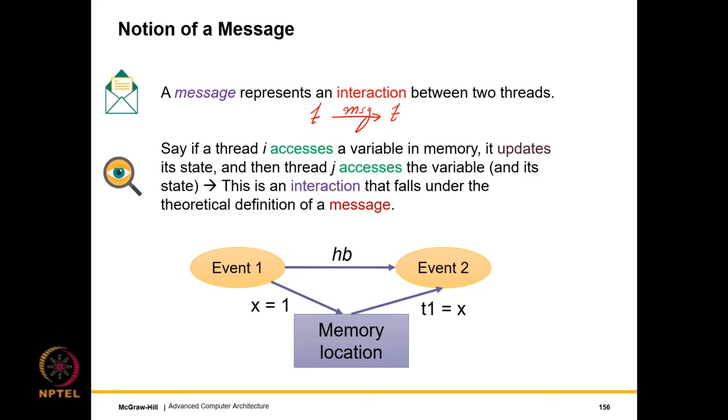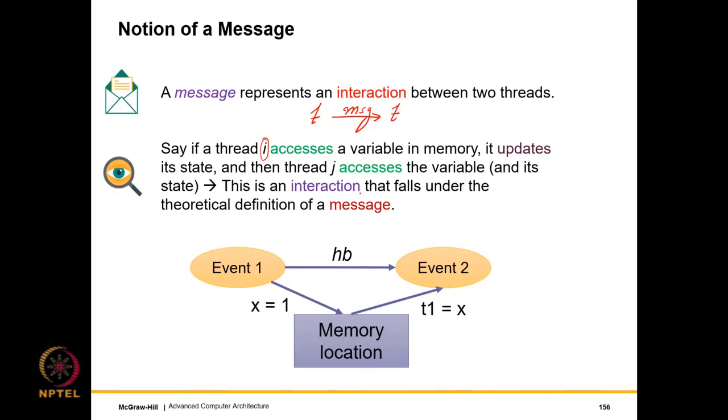However, in a multi-core system, we have another kind of interaction. If a thread I accesses a variable in memory, it will update its state, at least conceptually, and then thread J accesses the variable and its state.